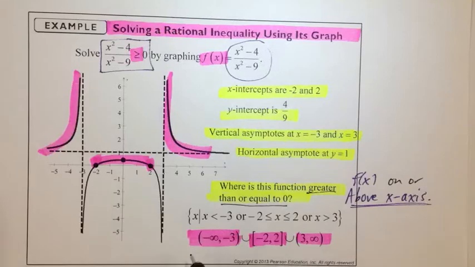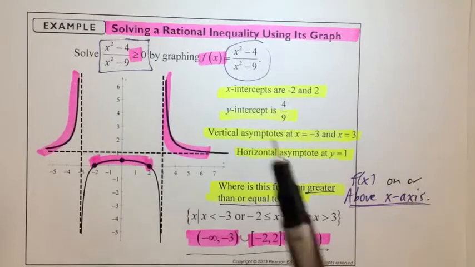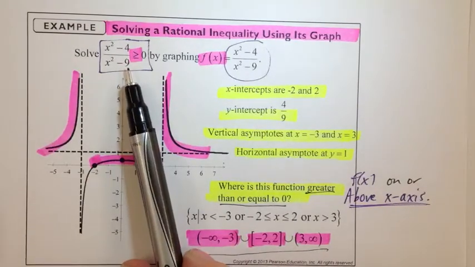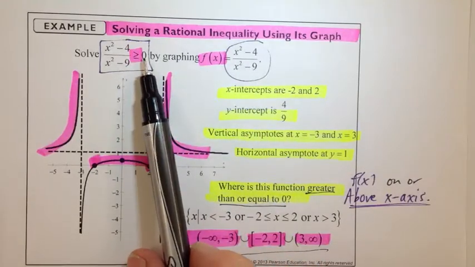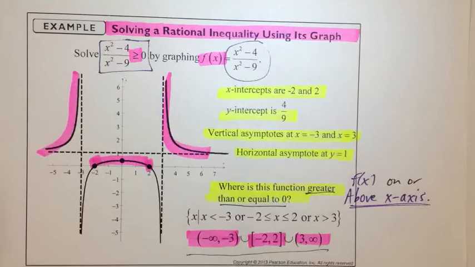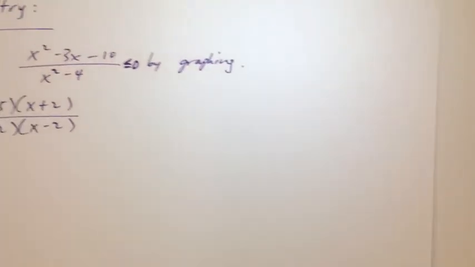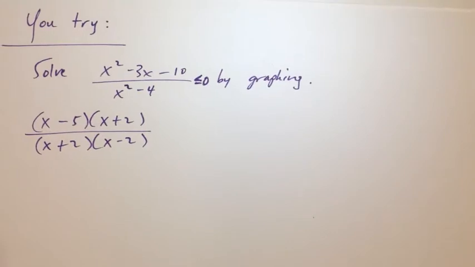Nevertheless, we can see our answer right down here to the original inequality. When is this function on or above the x-axis? Now, here's the one I want you to do. I want you to solve this inequality by graphing. I set up the first part for you, but pause the video now and solve it.